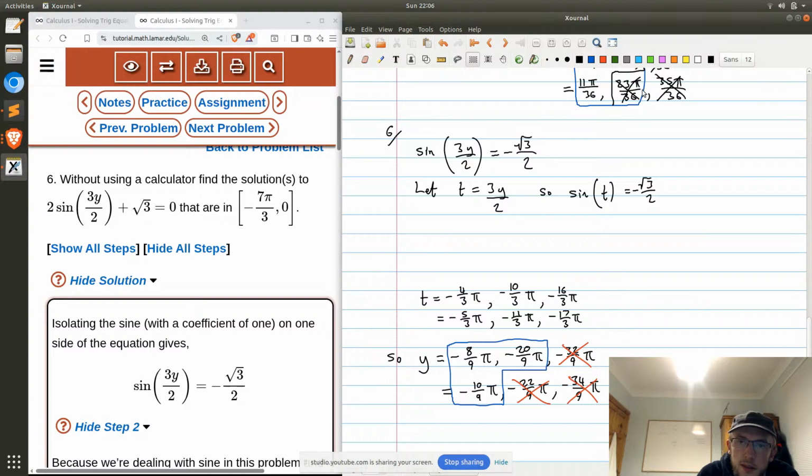Okay, so let's think. All right, so t would be -60 degrees and -120 degrees, but that's not allowed. So we convert it into radians. So -pi/3 and negative 2/3 of pi, surely.